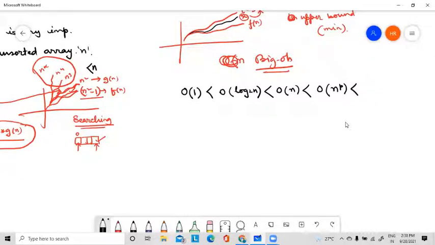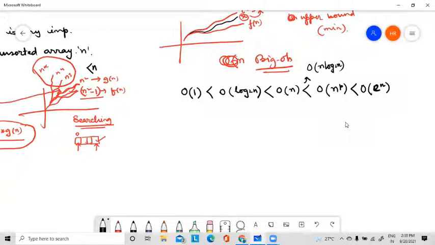In between order of n and polynomial, there is another kind of time complexity, which is order of n log n. And then the highest of all, the exponential, or e to the power n, is the time complexity.